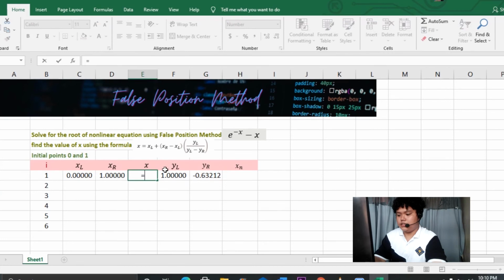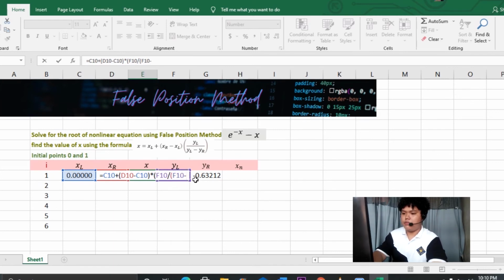So, x is equal to the left limit, which is 0, plus, open parentheses, the right limit, minus the left limit, close parentheses, multiplied by the function of the left limit, all over the function of our left limit minus the function of our right limit.